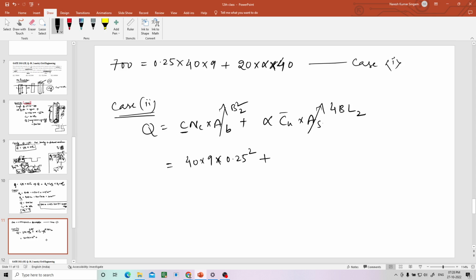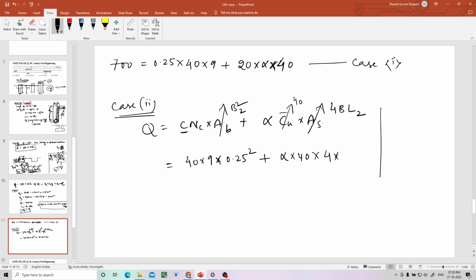Plus alpha, we don't know what value is given. Cu is 40, right, as in the previous case. And now Cu bar, that is AS, 4 into B into L. So how much is B here?